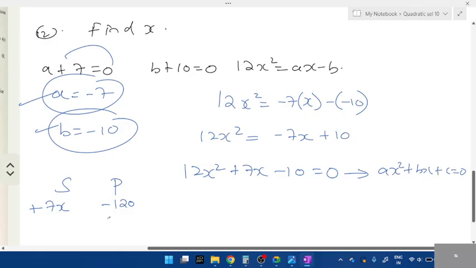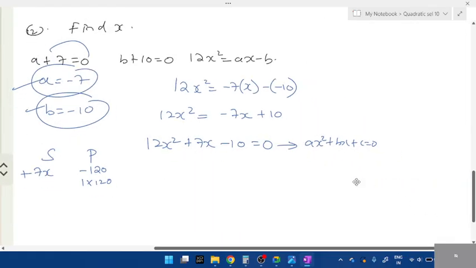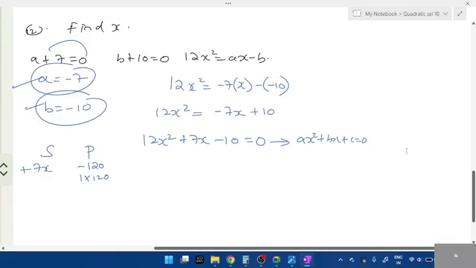Okay, so sum and product 120. 1 into 120. Then how many times, students? 1 into 120. 2 into 60. 3 into. Bhargavi, you have to factorize until you get 7. What is 12 into 10?